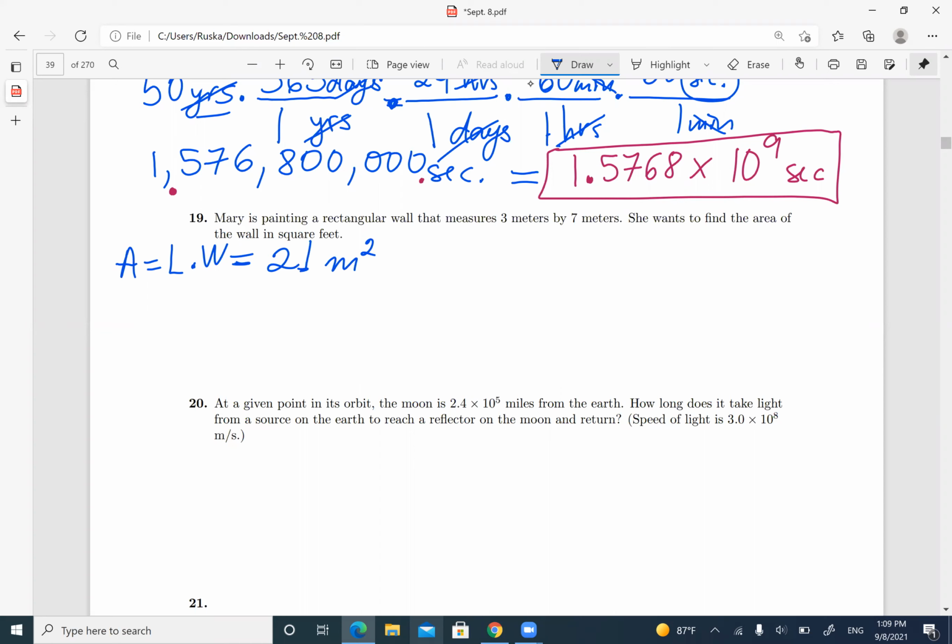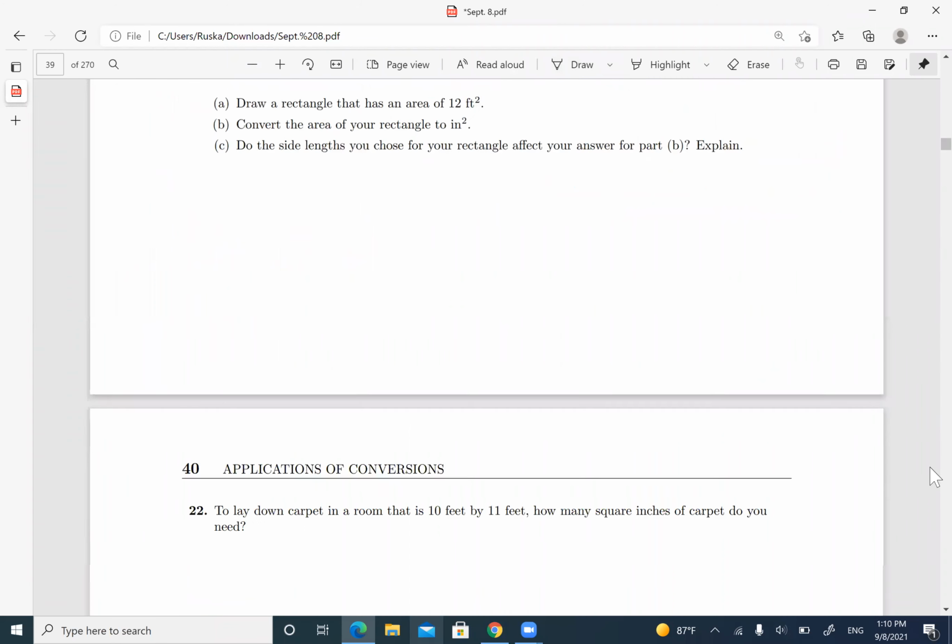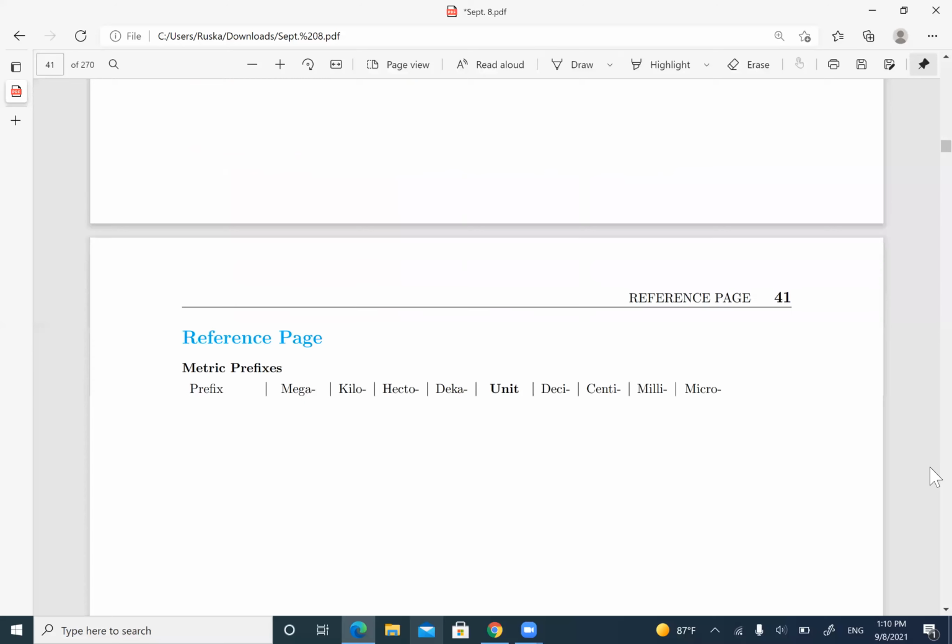Now these 21 square meters, we're going to change to feet. I'm going to go to page 41 and look at meter to feet. What is the conversion between meter and feet?